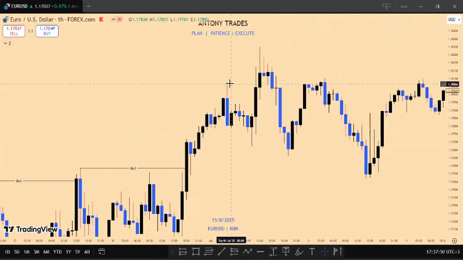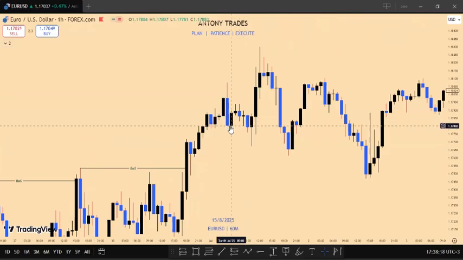Now, after that, you can see here we had a minor break of structure. Why am I saying this is a minor break of structure? Because it does not qualify my rule, which says that I must see three consecutive candles that are pushing to the downside. You see, this is not a valid pullback because, remember, this is the highest candle with this long wick that was printed before the pullback.